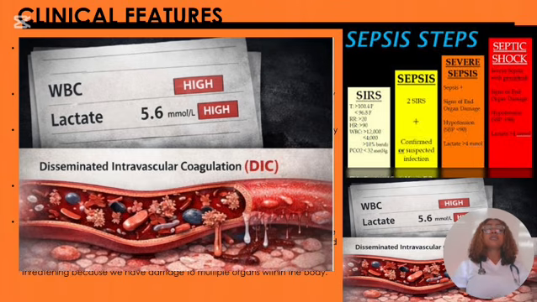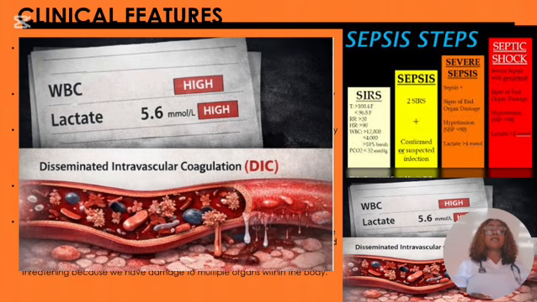So our body is going to start in what is known as SIRS, or Systemic Inflammatory Response Syndrome. And SIRS can occur in response to any sort of trauma or assault or injury to the body. It doesn't necessarily need to be from infection, but an inflammatory response. Nonetheless, it's going to cause fever, tachycardia, and tachypnea.